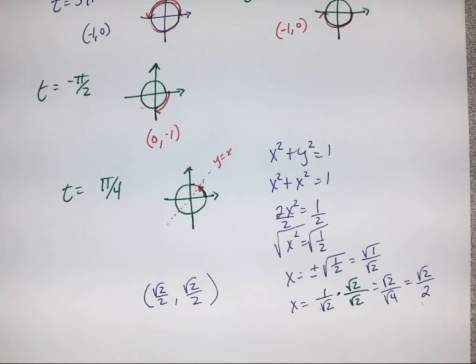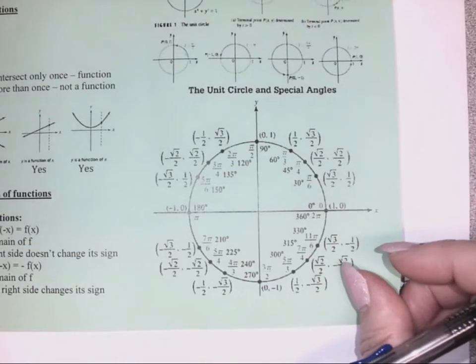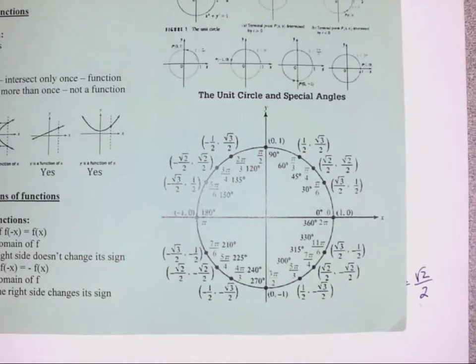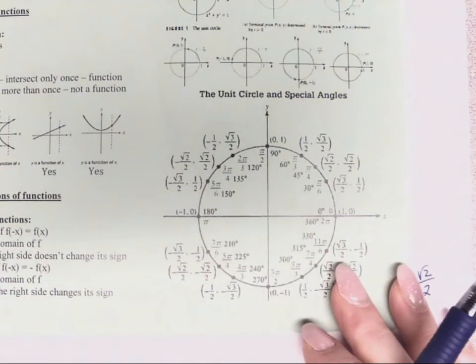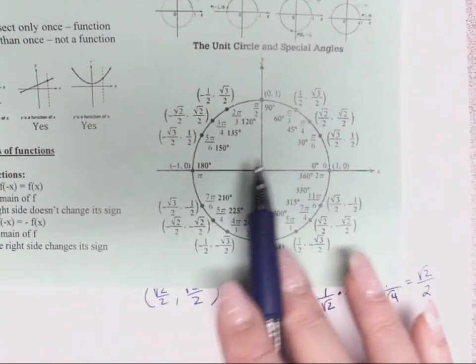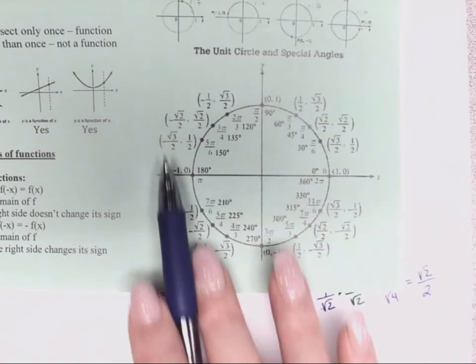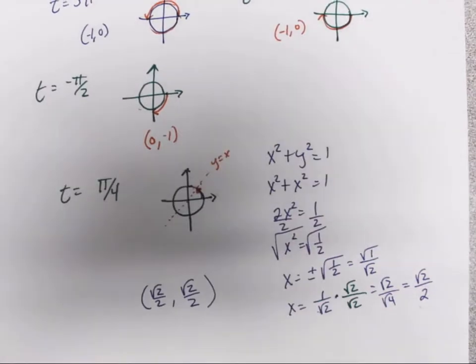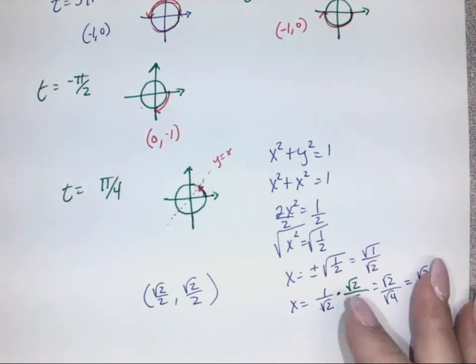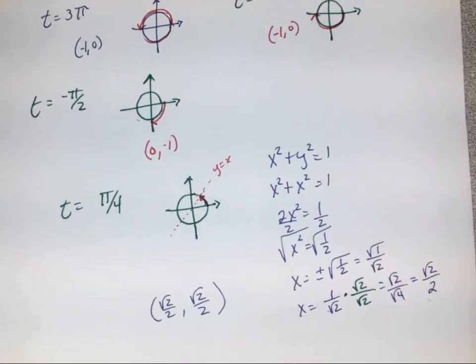And I have those printed on your unit circle on the handout. I'm going to actually draw them out, but this is how we can find all of the points on our unit circle using our knowledge. Once we find quadrant 1, we can use our knowledge of signs to find the rest.